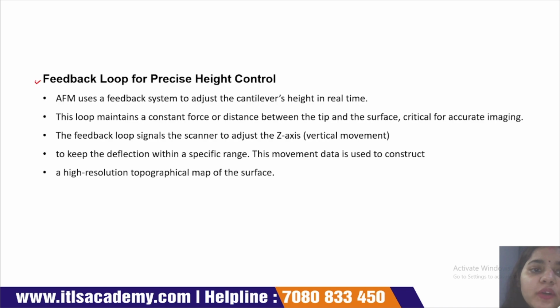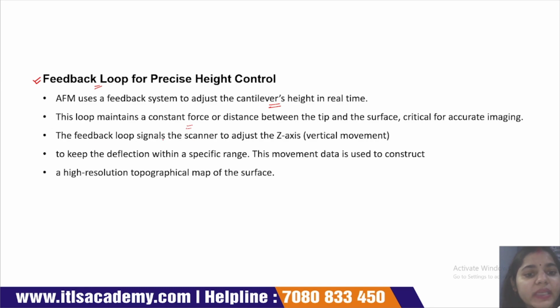Next is the feedback loop and precision height control. In AFM we use a feedback loop to adjust the height of the cantilever in real time. This loop helps to maintain constant force and distance between the tip and the surface for accurate imaging.